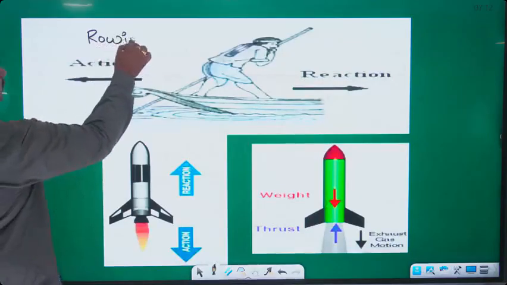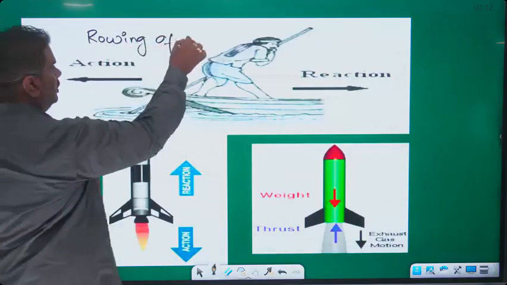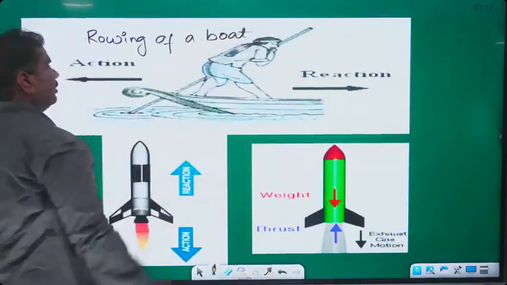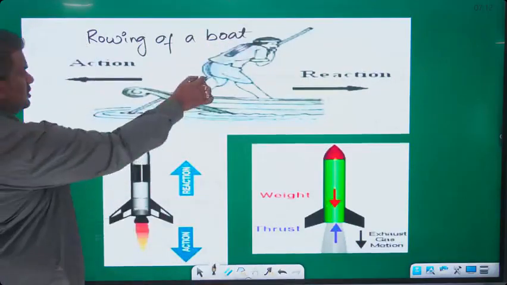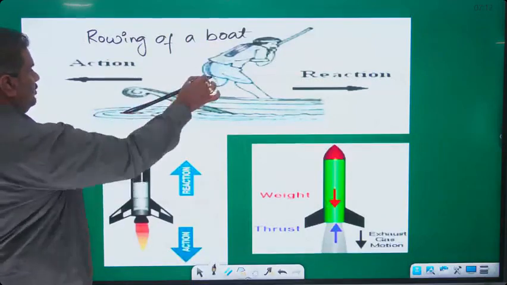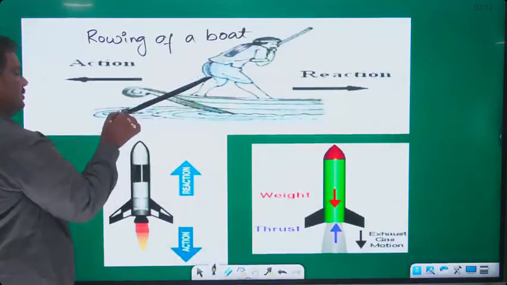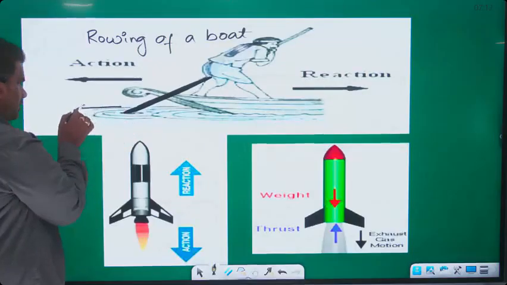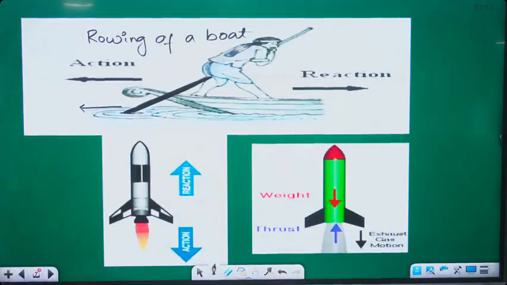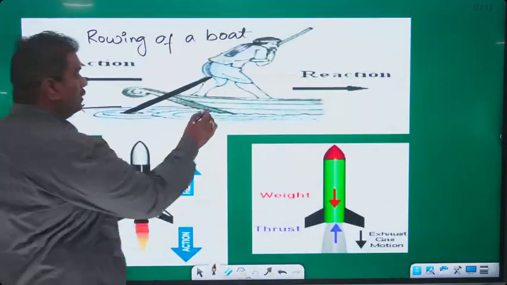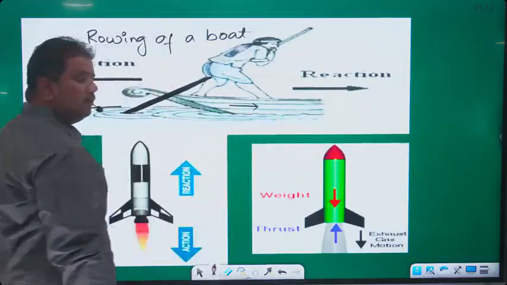Whenever you are traveling in a boat, using this wooden log, or wooden stake, this person is trying to push the water in the backward direction. Earlier they used wooden ones, but as of today plastic ones have come, different types of polymers are being used. So using that polymer material, the person is trying to push water in the backward direction. What is the result of that? The result is the boat is moving in the forward direction.